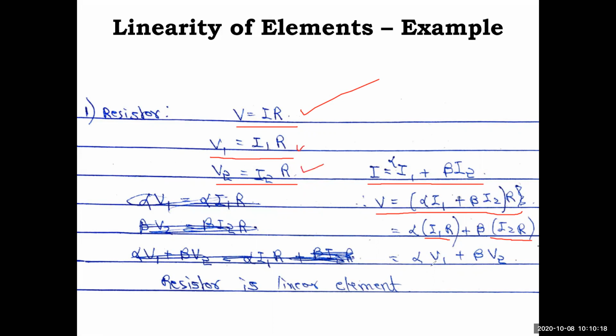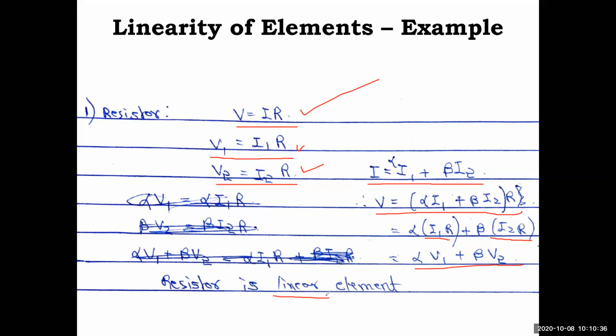So we get alpha V1 plus beta V2. In the same fashion in which you have given I equal to alpha I1 plus beta I2, you have alpha V1 plus beta V2. That means it satisfies both the principle of superposition and homogeneity. That's why the resistor is a linear element.